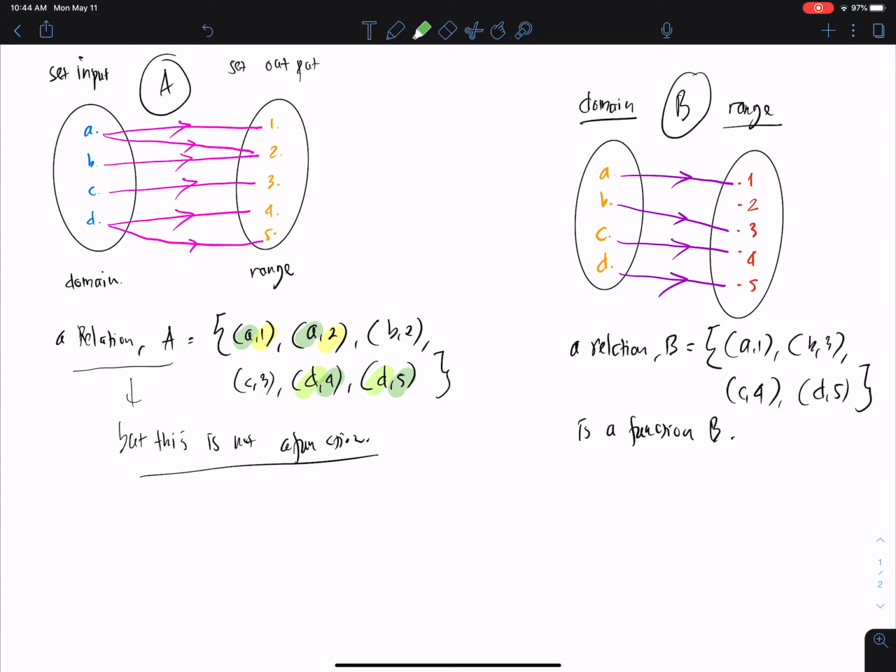A only pairs with 1, B only pairs with 3, C only pairs with 4, and D only pairs with 5. So this is a function. It is a relation, but at the same time it is also a function.